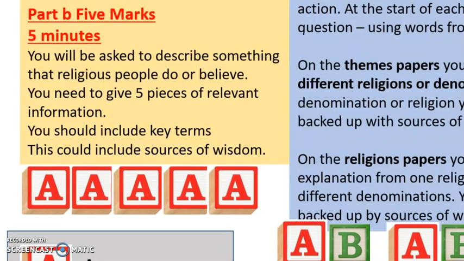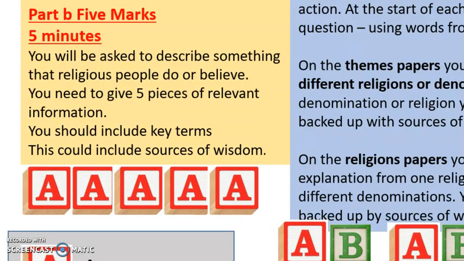So on the 2019 paper, for example, you had to describe Stephen Hawking's Big Bang Theory. So on the themes paper, you might be asked to describe the theory of evolution, or to describe Peter Singer's ideas about speciesism. And you want to basically give 5 pieces of relevant descriptive information.